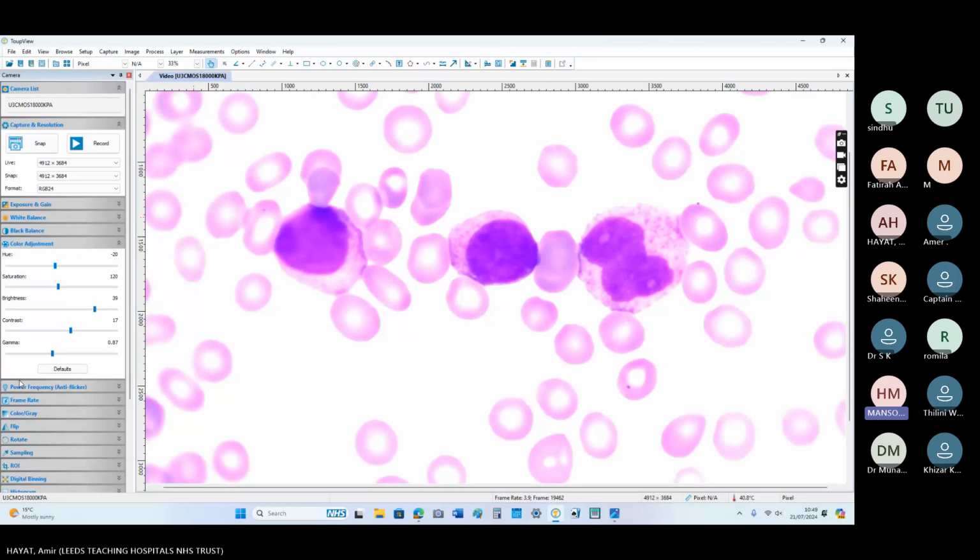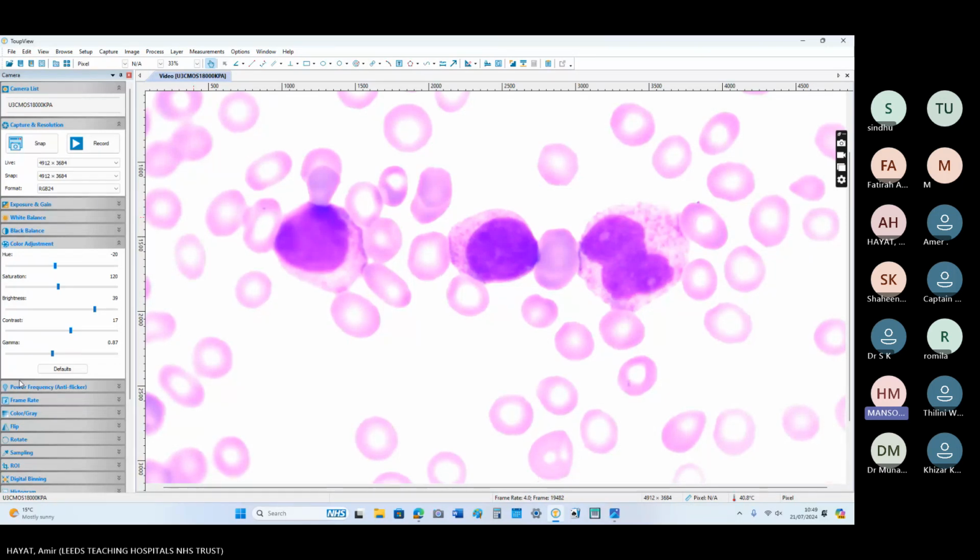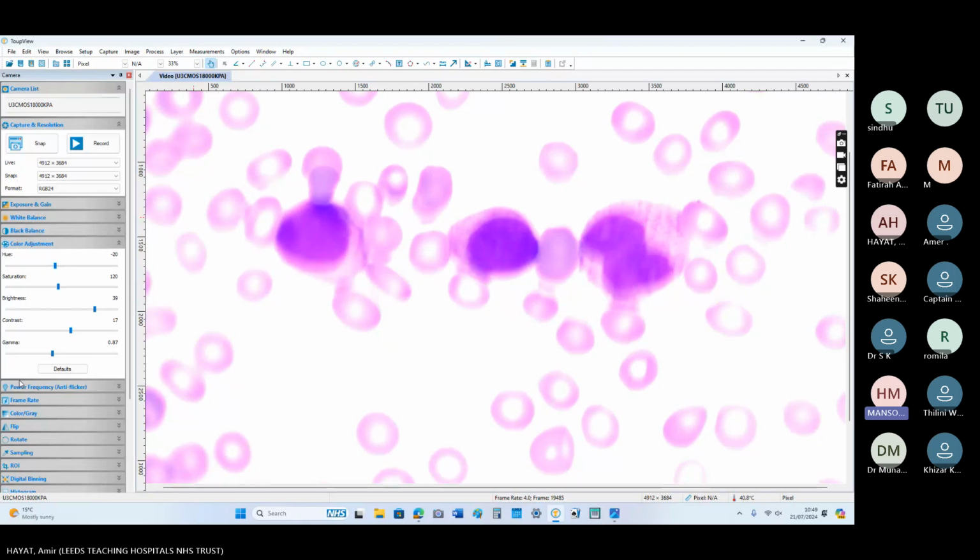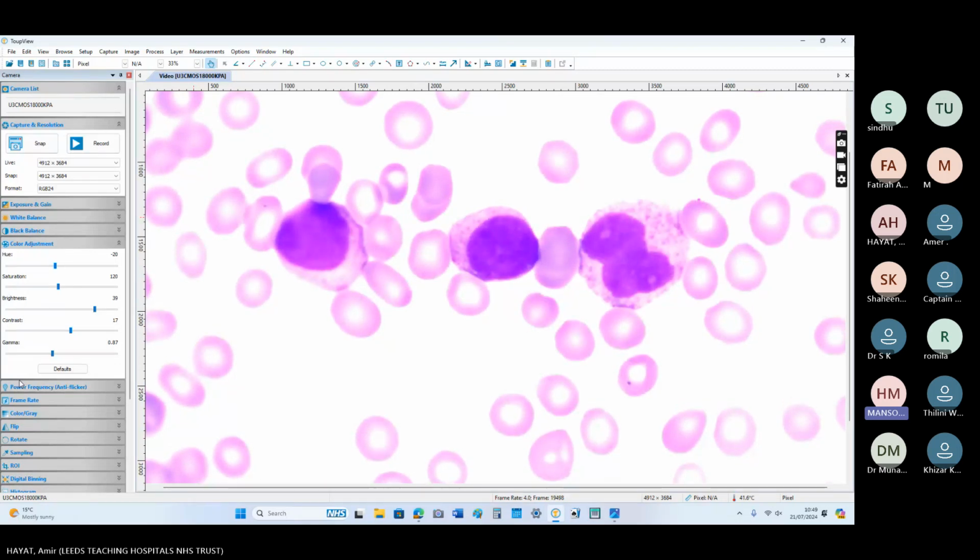So I will give platelets as well if it's below 50. These are the cutoffs for transfusion.